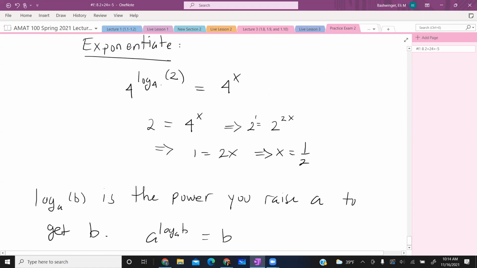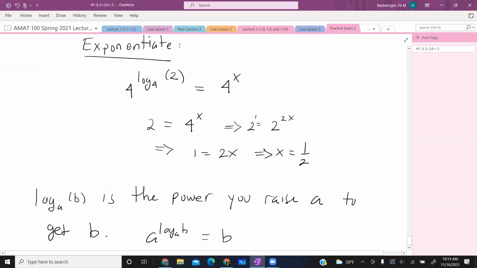Or if that's too confusing, just do this exponentiation. And this trick of exponentiation shows up a lot. Anyways, it's a lot easier, I think. So whatever the base is, raise both sides of the equation to that base. So I'm going to take 4 and raise it to log base 4 of 2, and raise 4 to x.